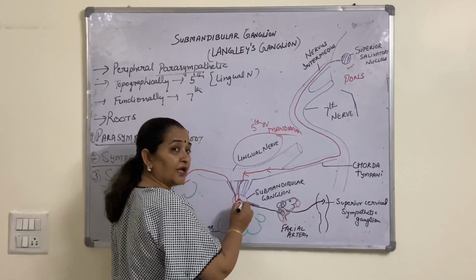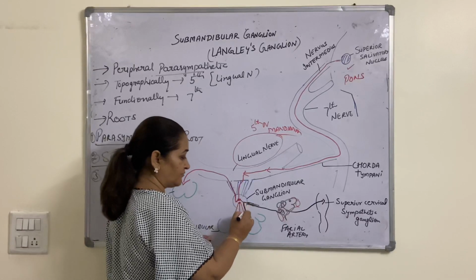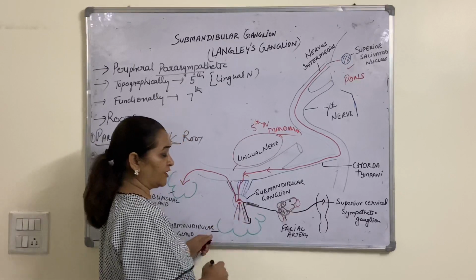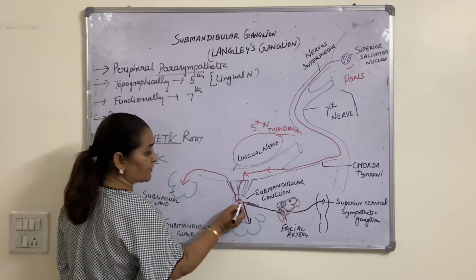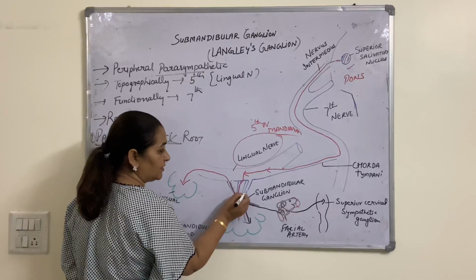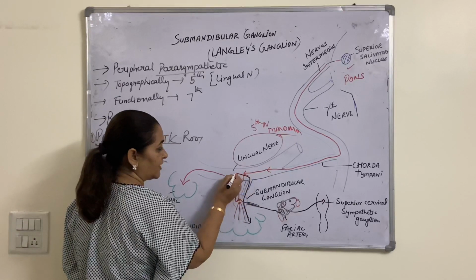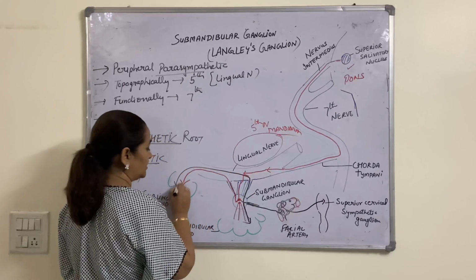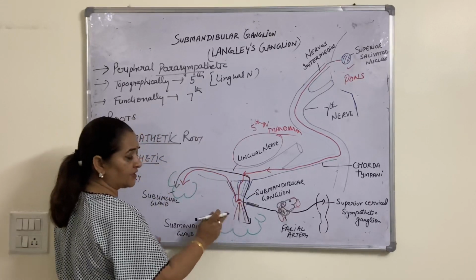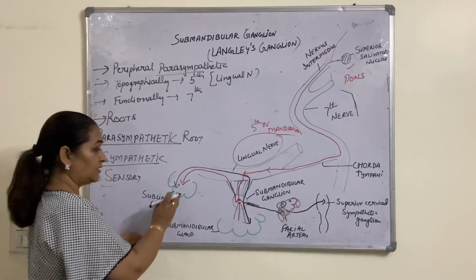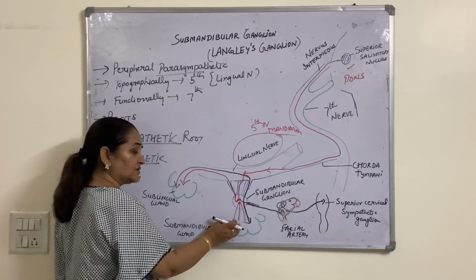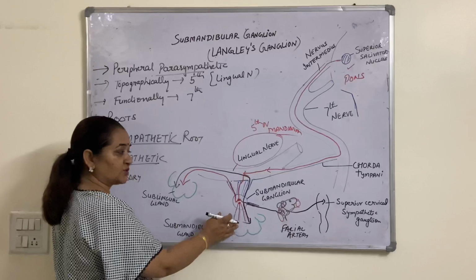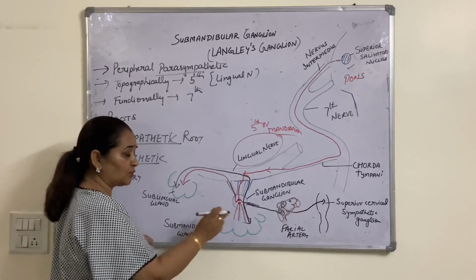They pass through the ganglion without relay, and the fibers enter into the submandibular gland. Some of the fibers re-enter the lingual nerve and reach the sublingual gland. So ultimately, these sympathetic fibers are meant to supply the blood vessels present in these two glands. So that is the fate of the sympathetic route.